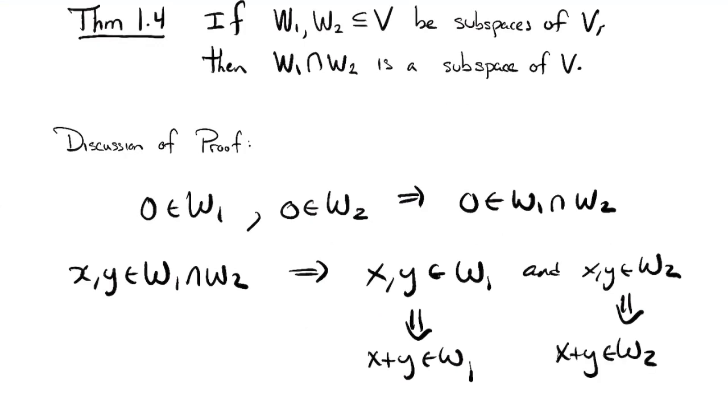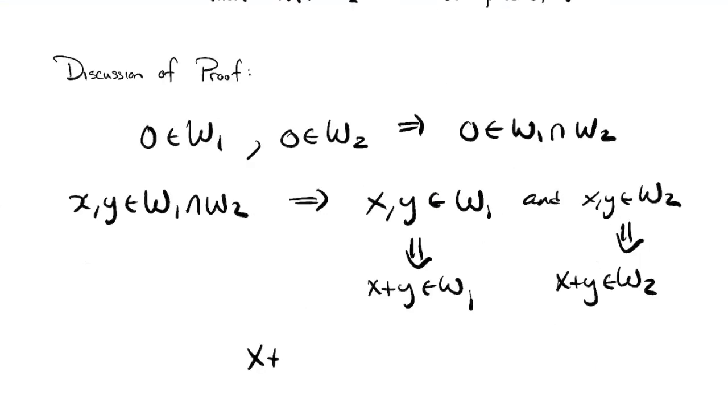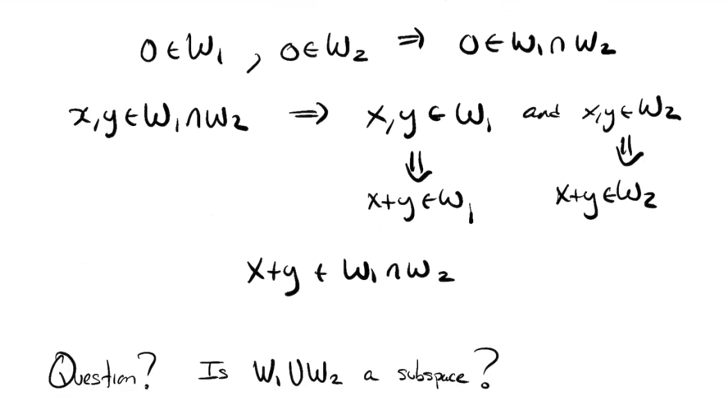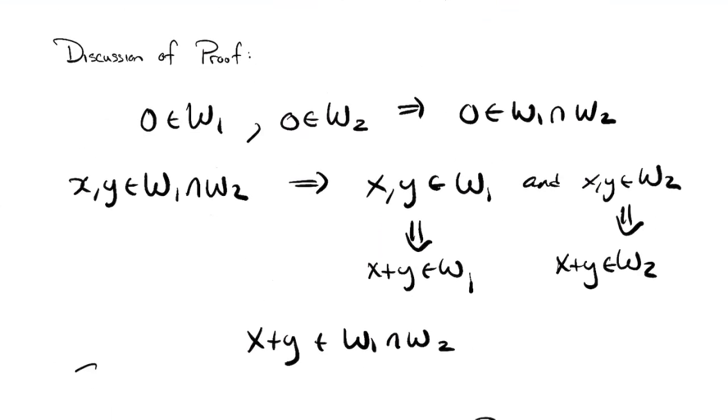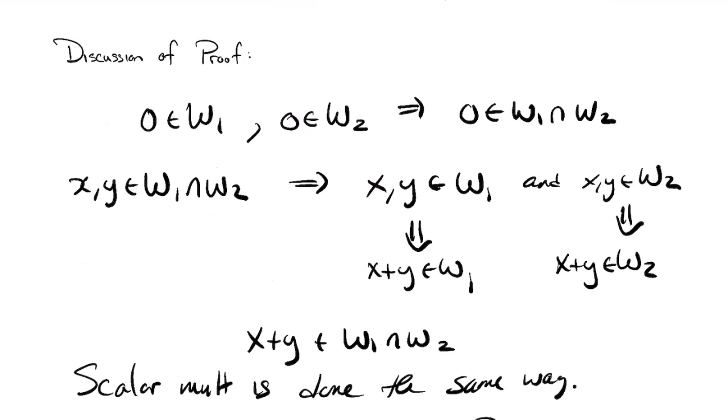But that means that x plus y is in both, so x plus y is in the intersection. So the intersection is closed. Scalar multiplication is treated the same way. I'm going to leave it to you. This proof is written in your book, so I'm being a little brief. Come to my office hours or bring it up in class if you want to talk about working with intersections, but that's some set theory that I'm going to have you think about.